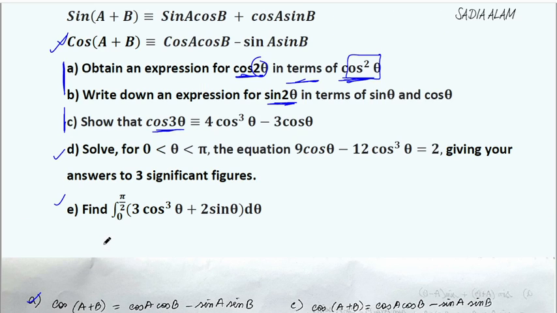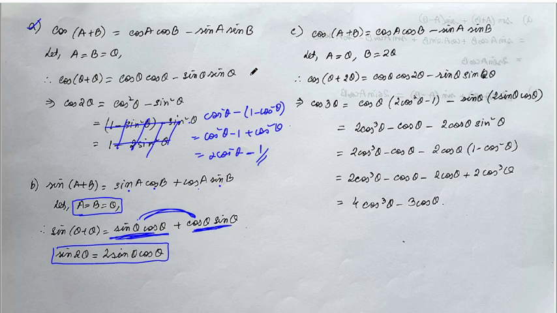Then part C is the triple angle formula for cos 3 theta in terms of cos. Each and every single term is in terms of cos. So I will use this one, and since we need 3 theta, we can use theta and 2 theta, so that overall we get 3 theta at the left side. So for part C, this is the formula of cos(A plus B), the compound angle formula.